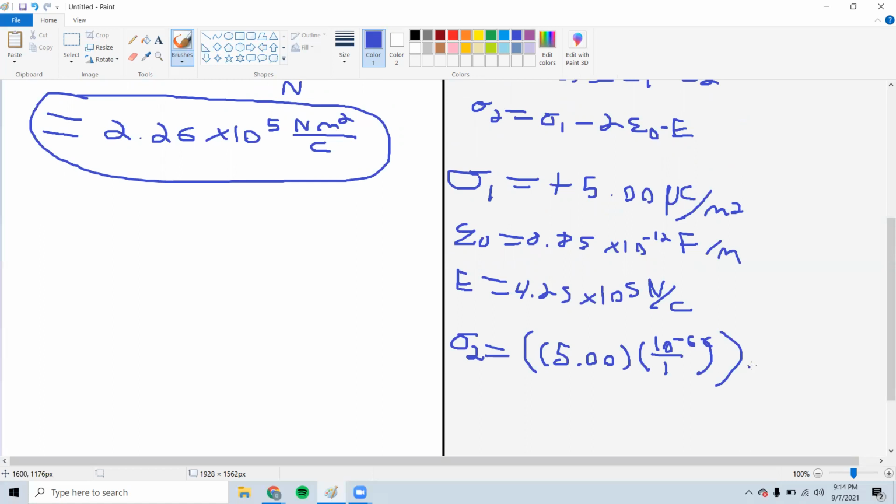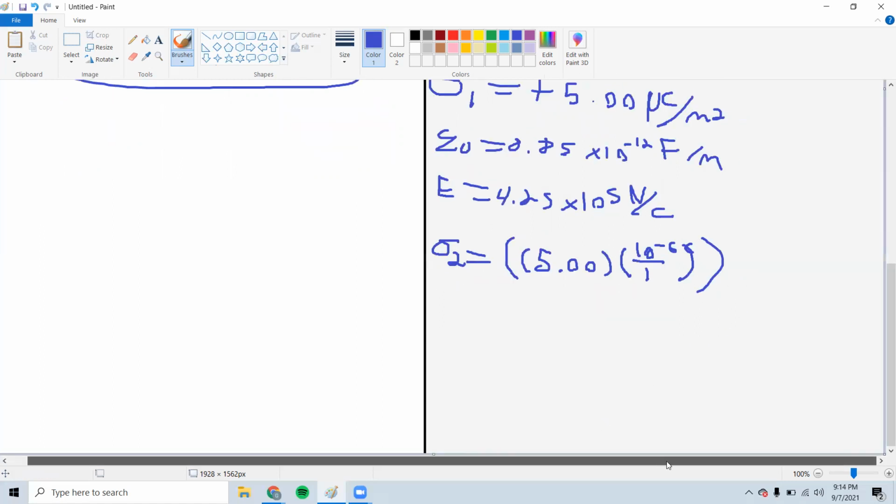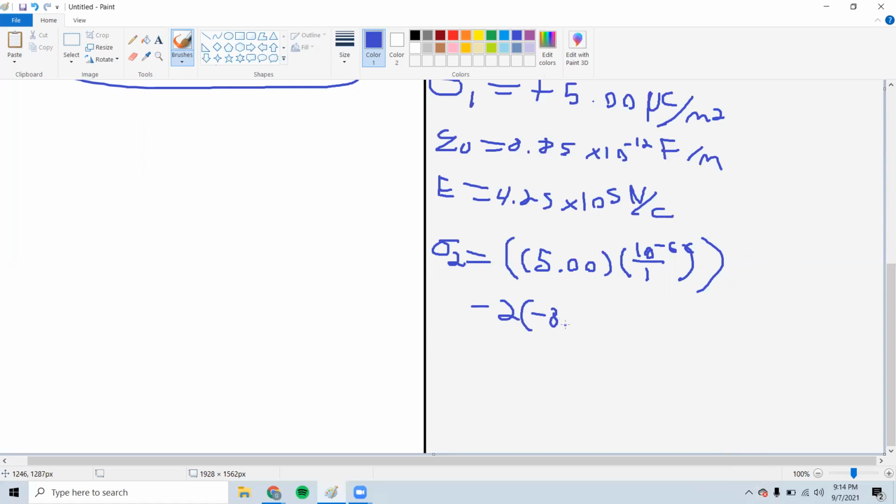And then all of this is minus 2 times the electric constant times E, which is 4.25 times 10 to the power of 5.